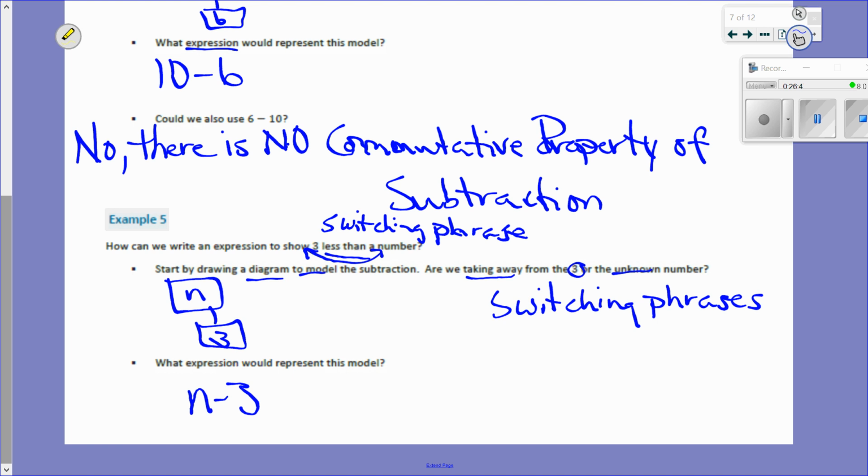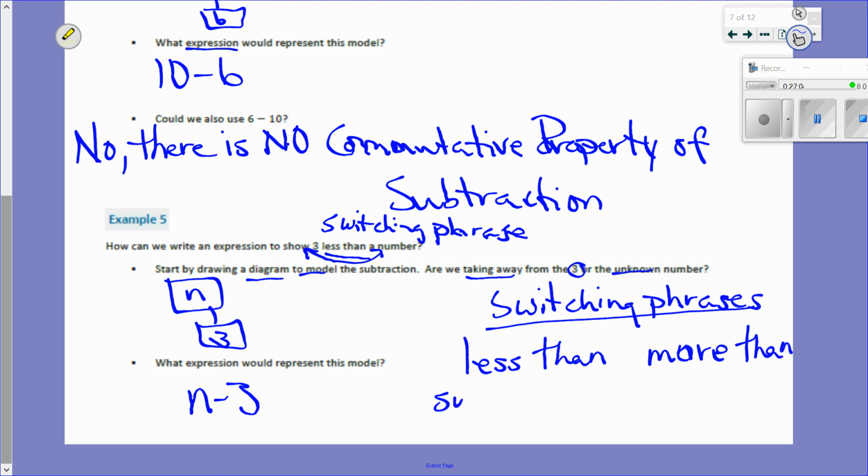There are more, but the most common you're going to see are less than, more than, subtracted from, added to. So those are some of the 4 most common switching phrases you're going to see.